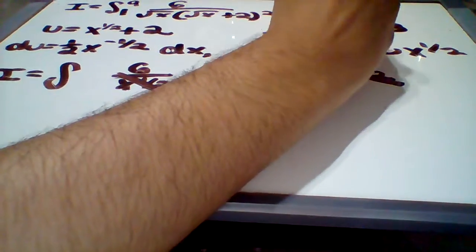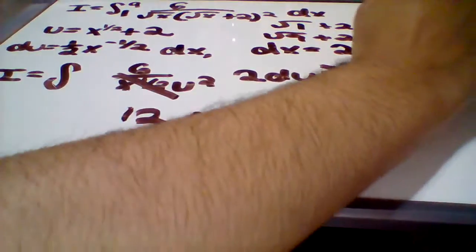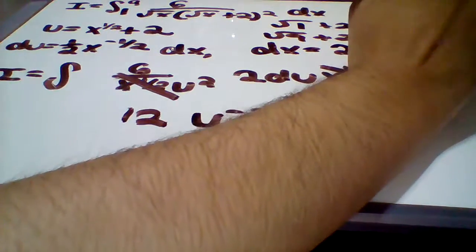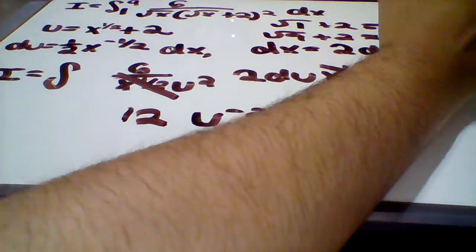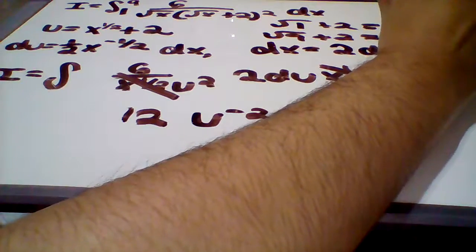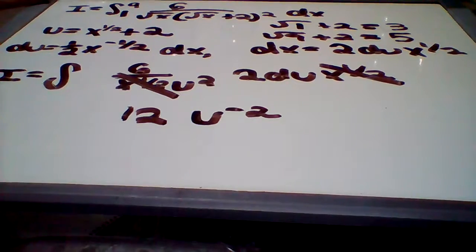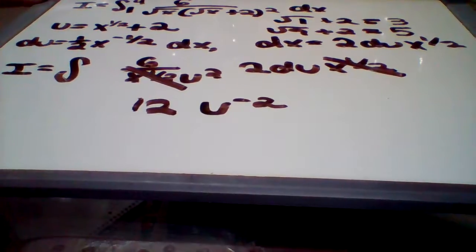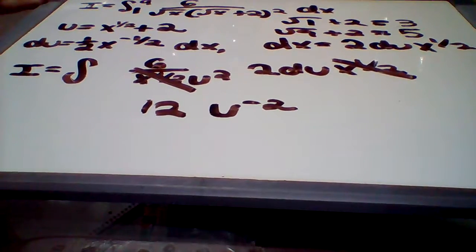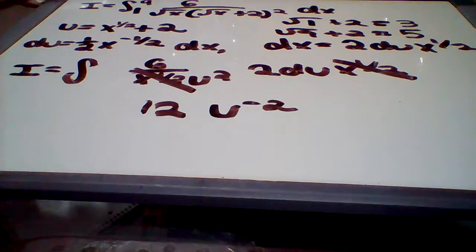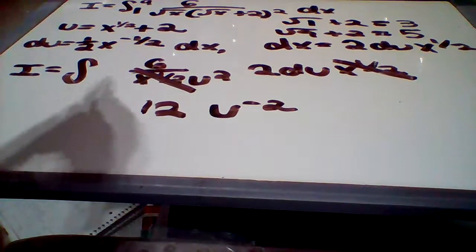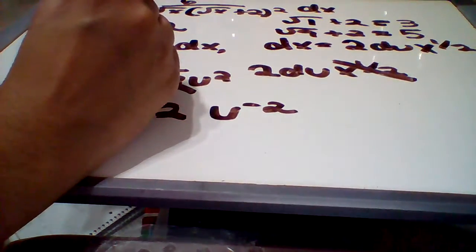And the square root of 9 plus 2 equals 5, because the square root of 9 is just 3. So 3 to 5.